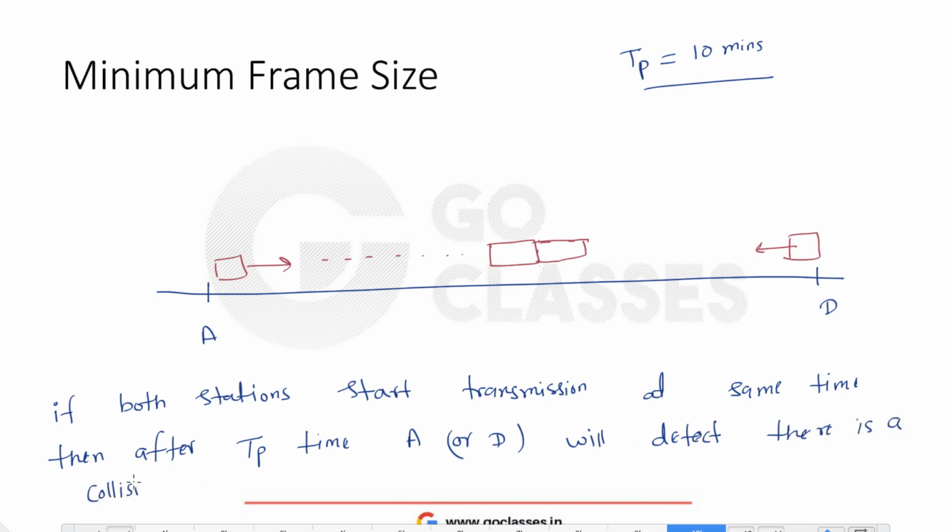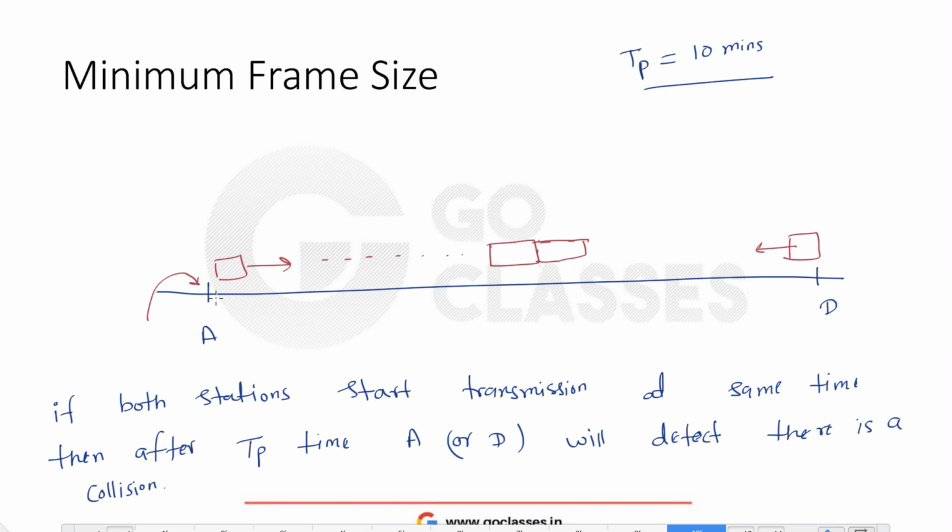Isn't it? Now suppose A still has some data to send, which means it has not sent its data fully, so it keeps on transmitting the data. Then it will definitely be sure that the data that got involved in the collision was its own data, not another station's data, if A still has some data to send.